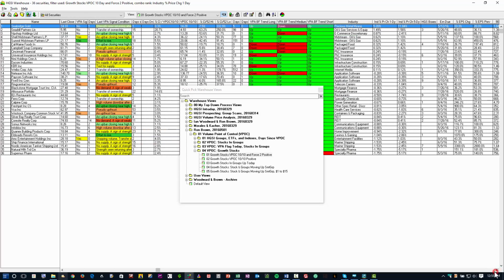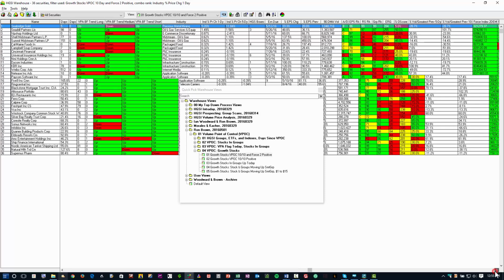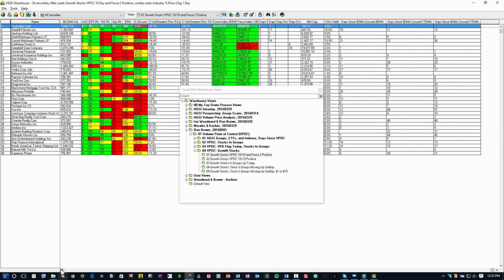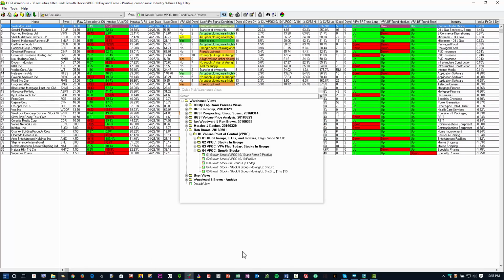If you move over to the right a little bit, you'll see the earnings due date, the EPS change, and the EPS previous. You can see that they're all over 20%. There are several other fields in here. I just didn't have room to put everything in, so I put what I thought was important in here, and there are also some other fields that I may use for scans down the road.